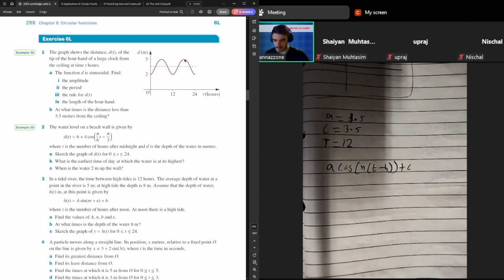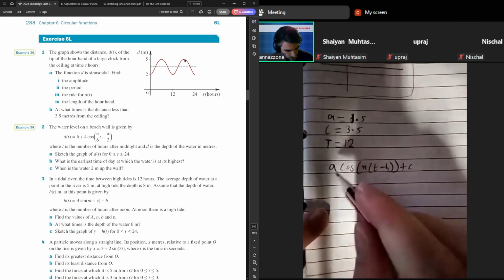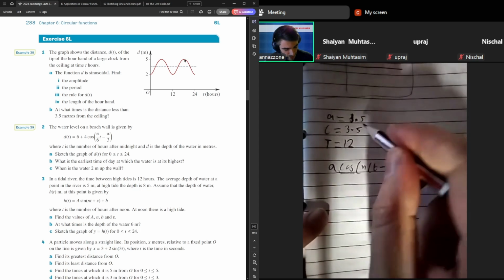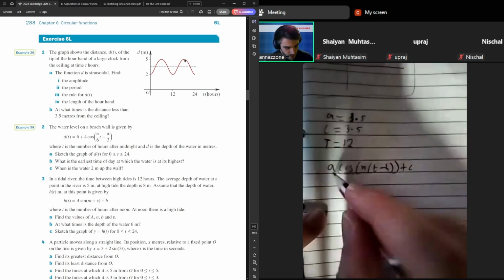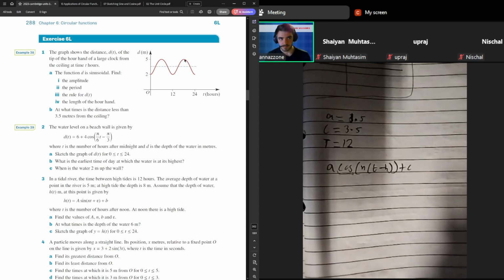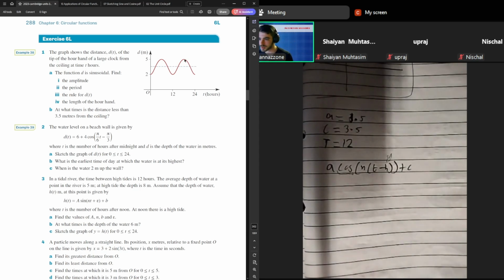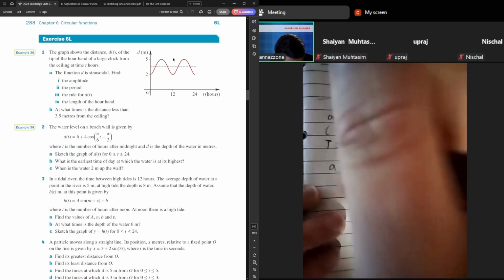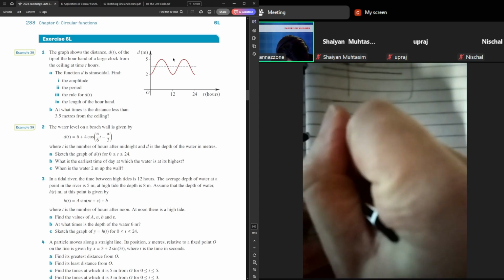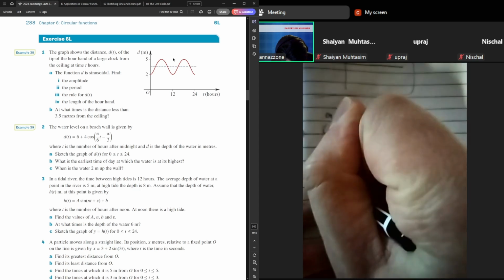This is where choosing the circular function is important. If I just say a equals 1.5, well, no, it'll still be fine, you would just have to choose an h value. But the whole goal of choosing cosine was to make life easier, so we don't have to choose a horizontal translation. Since our cosine starts at a trough, we take that 1.5 and make it negative, so we don't need a horizontal translation anymore.